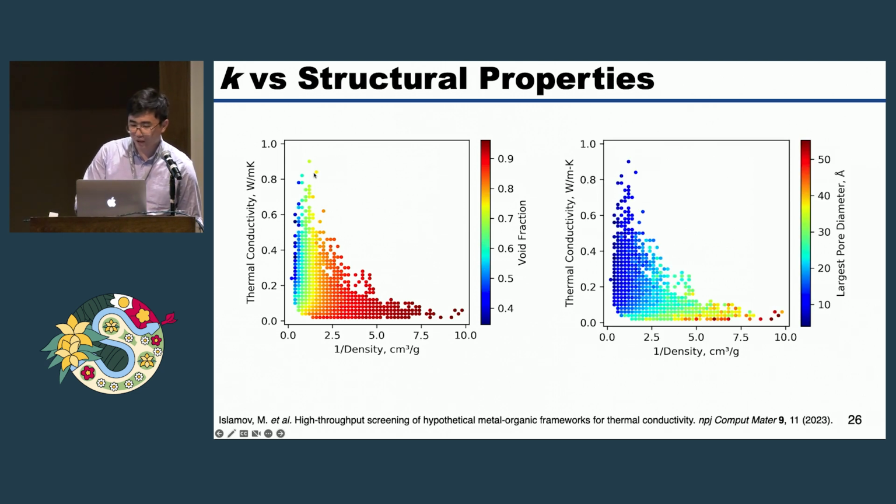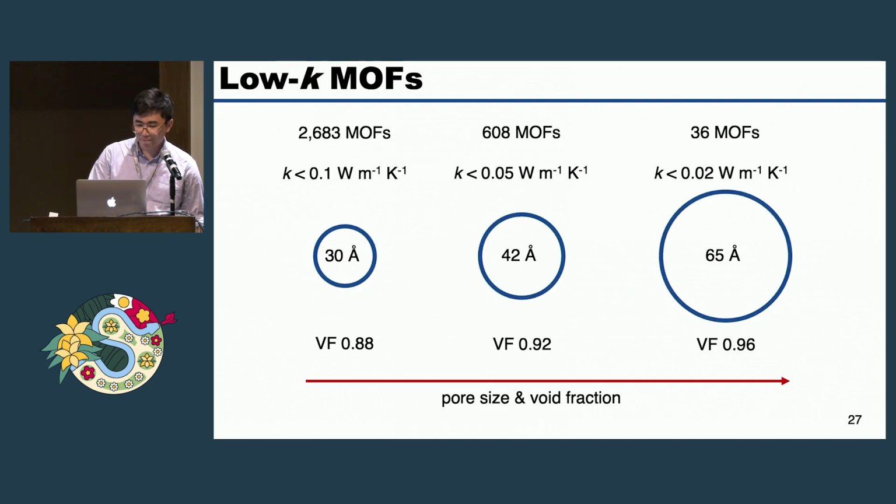The same plot colored by pore size, largest pore diameter, shows that high thermal conductivity favors small pores. I remember some people reported a linear relationship between thermal conductivity and density by studying only a couple of MOFs. Here we see that the relationship is not linear and it's complicated.